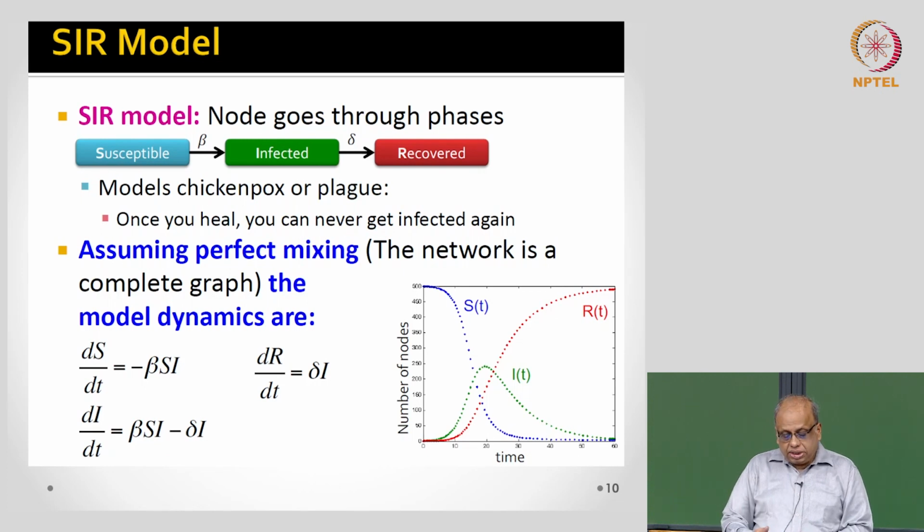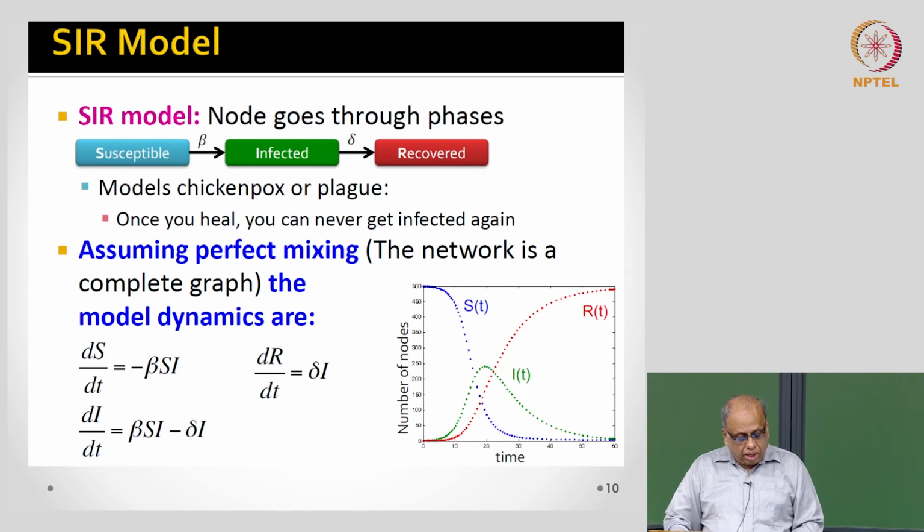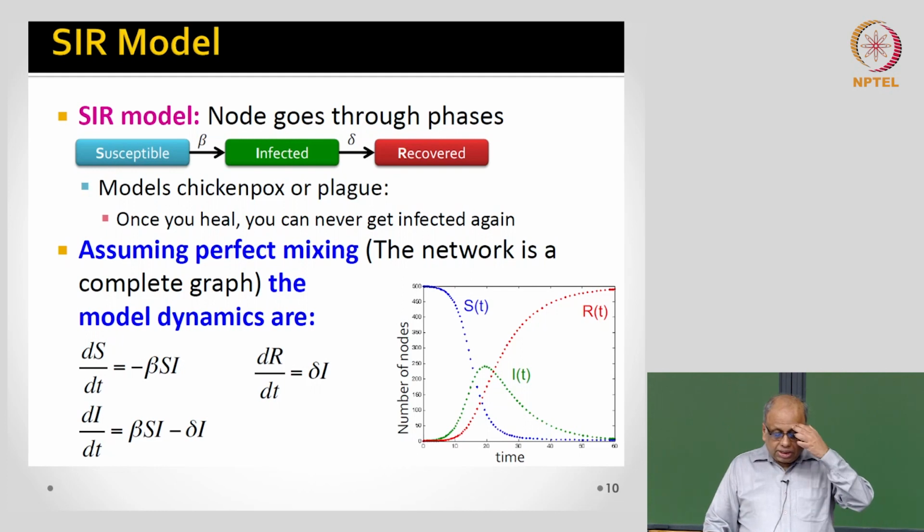It is a negative sign because people are moving out from the susceptible state to the infected state. Then dR/dt is delta I, and dI/dt is beta SI minus delta I.